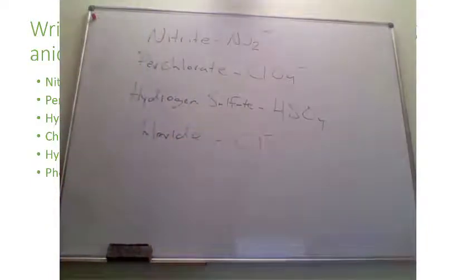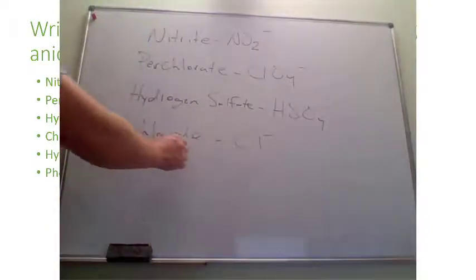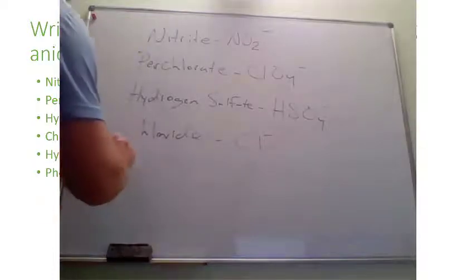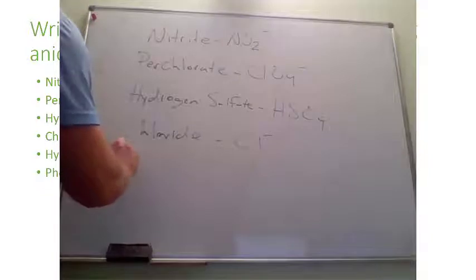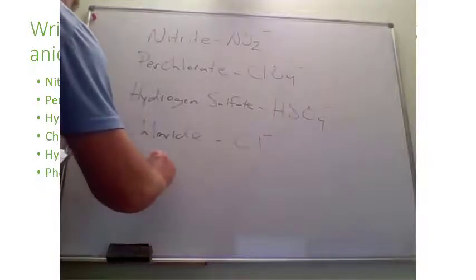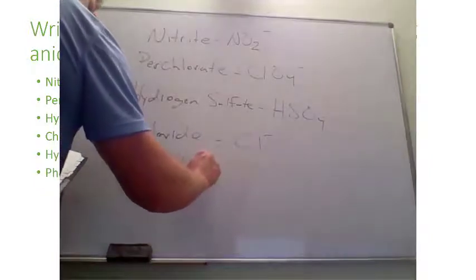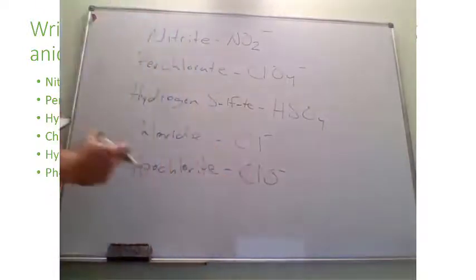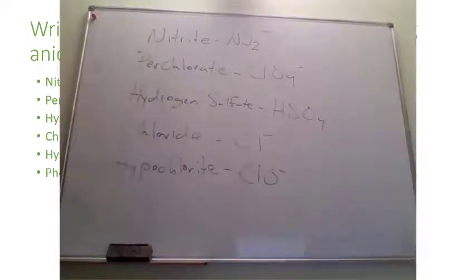Remember, the IDE ending does not indicate that it is a polyatomic ion. It's just our chloride ion. And then finally, hypochlorite. That's going to be ClO minus. And so that's a removal of 2 oxygens.